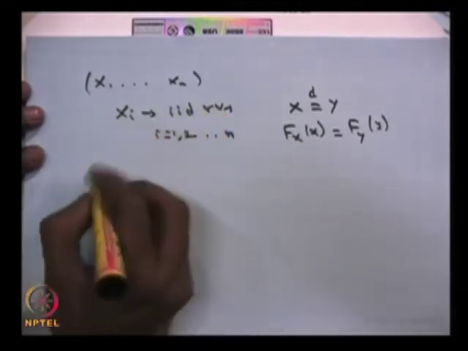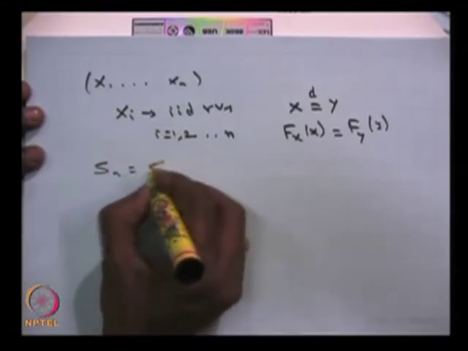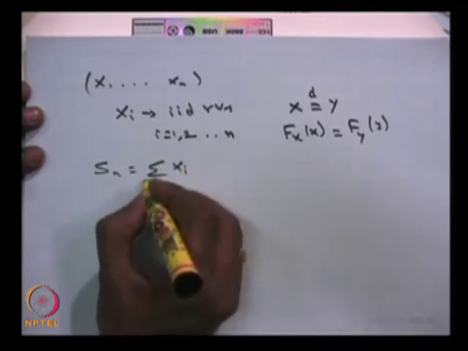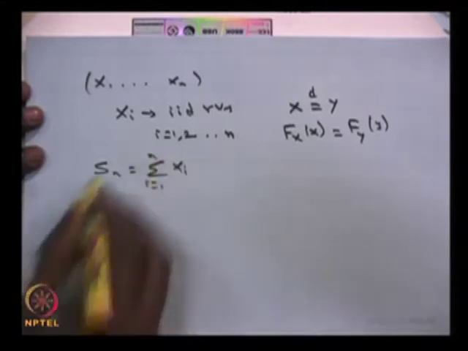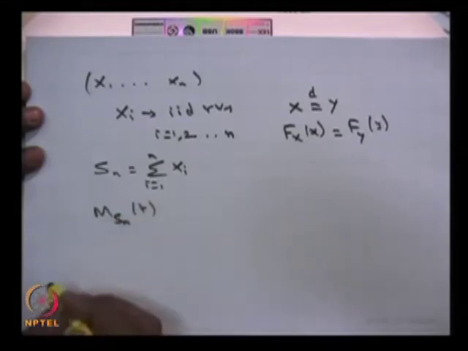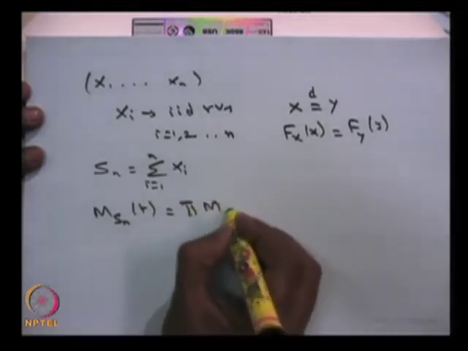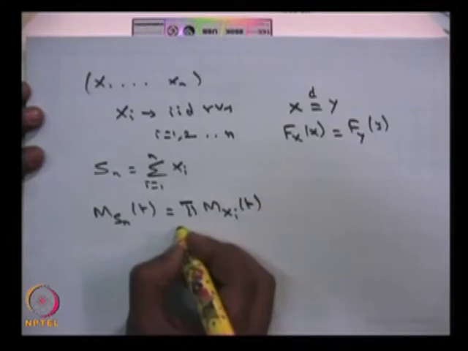If this is the situation and my interest is to find the MGF of the sum of n random variables, that is Sn, the moment generating function of Sn is going to be the product of the MGFs of the individual random variables.